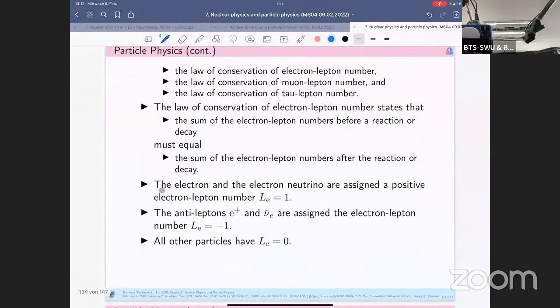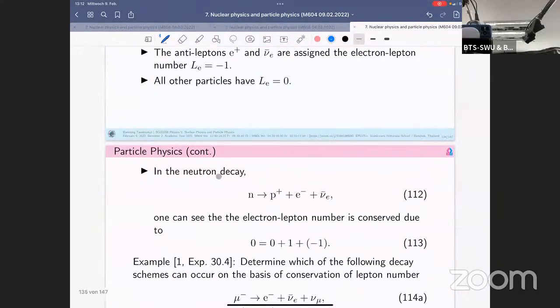And the assignment for electron and electron neutrino will be Le equal to 1. For the antiparticles like positron and electron anti-neutrino would have electron lepton number as -1, and all other particles would have electron lepton number as 0.